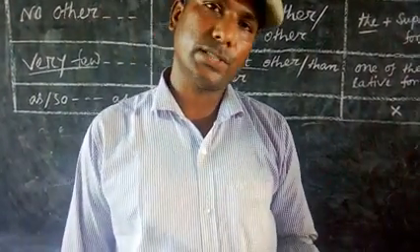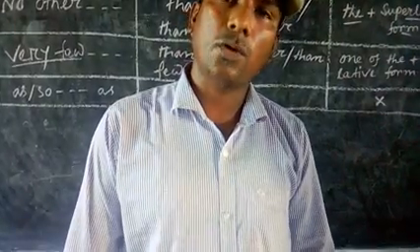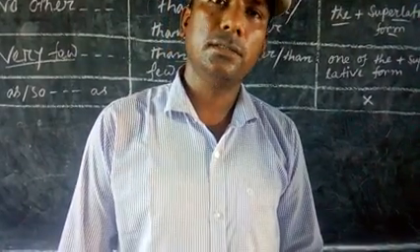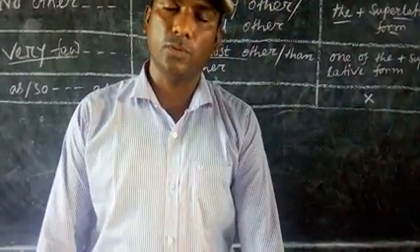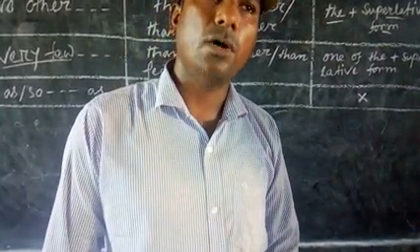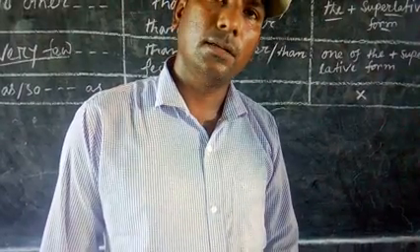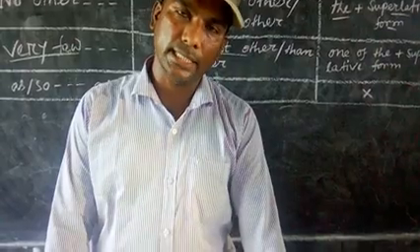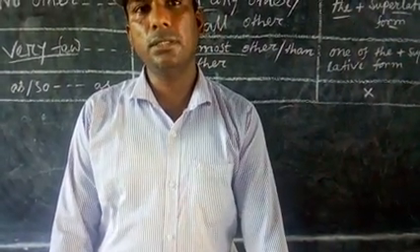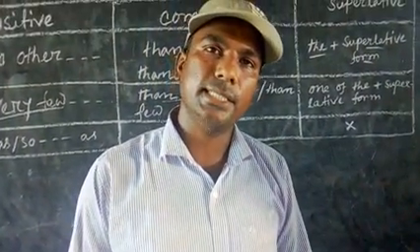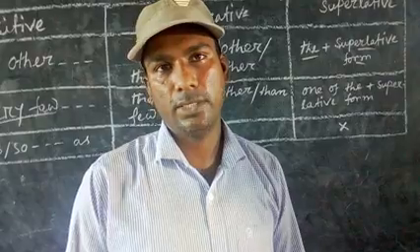And there are two ways to make a comparative and a superlative word from a positive word. First, if the positive word is one syllable, we have to add er or ier to make a comparative word, and we have to add est or iest to make a superlative word.